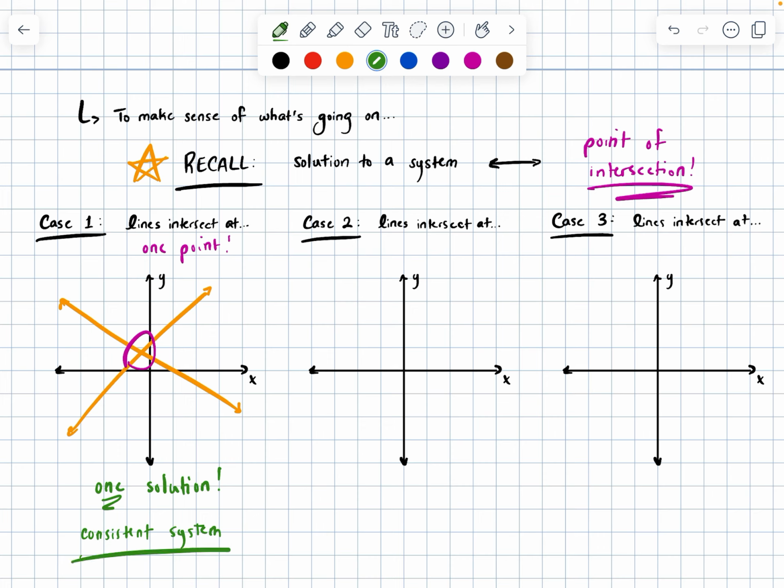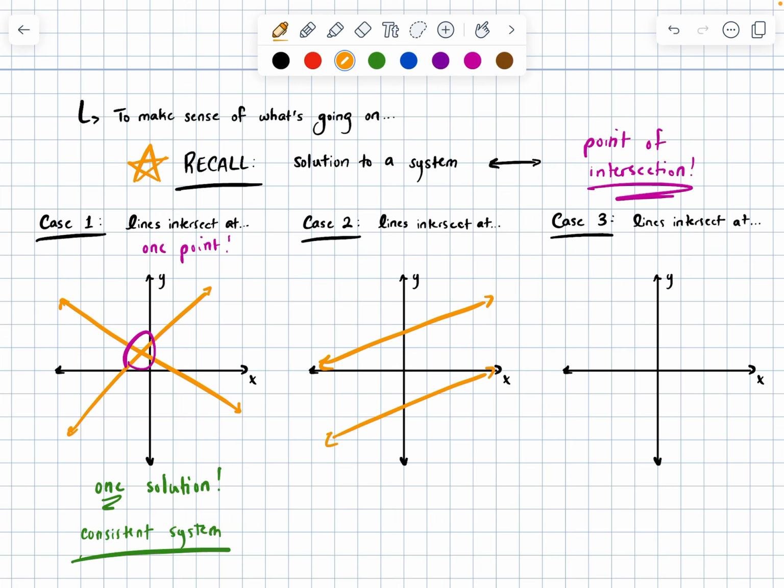But if we think about other ways that pairs of lines might interact, one special interaction that we talked about at the end of Unit 4, what happens if I have 2 lines that are never going to intersect?